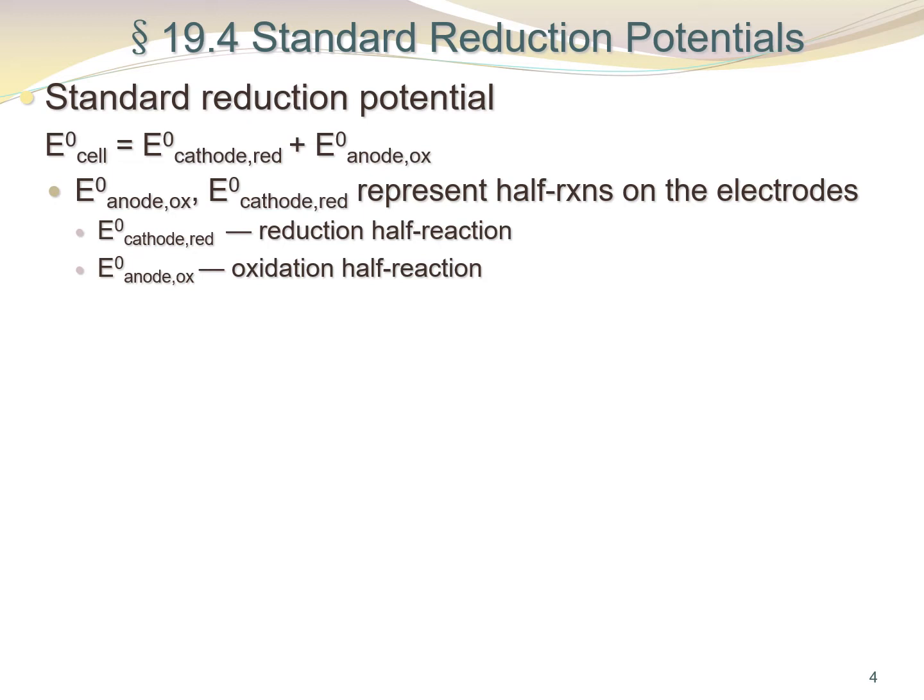If we talk about the same species undergoing reduction or oxidation, if you want to reverse it, so say, if you want to reverse the oxidation to the reduction, we have to change the signs, right? We have to change the signs of delta G. If we change the sign of delta G, that means we change the sign of the potential.